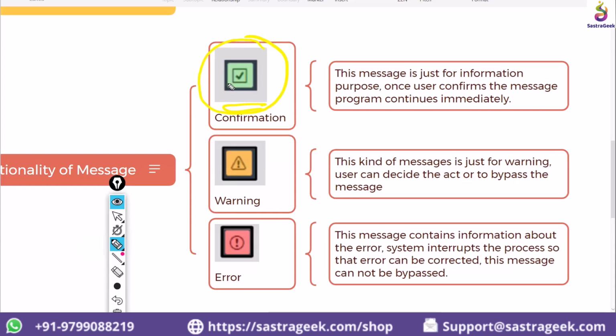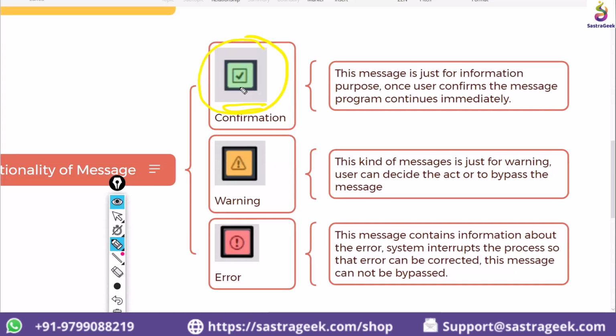This is just a confirmation or information message, which tells you what the system is trying to do or what you are trying to do. Once you click on this, the program continues. There is no error or bypassing of a message.